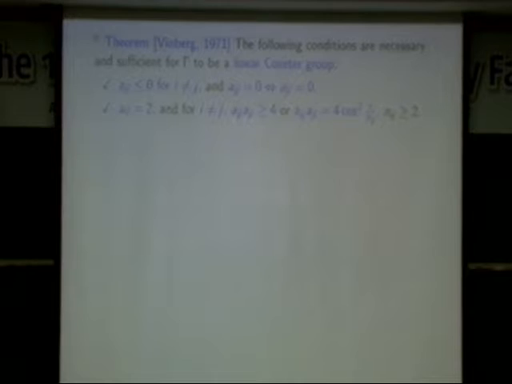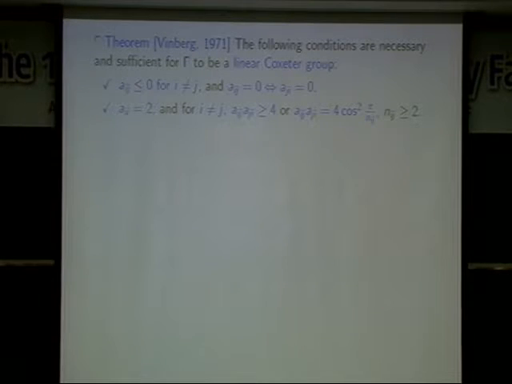And if a_ij a_ji is greater than or equal to 4, or equal to 4 times cosine square pi over n_ij. So in the hyperbolic case, the entry is minus cosine pi over n_ij, if the two facets are adjacent.